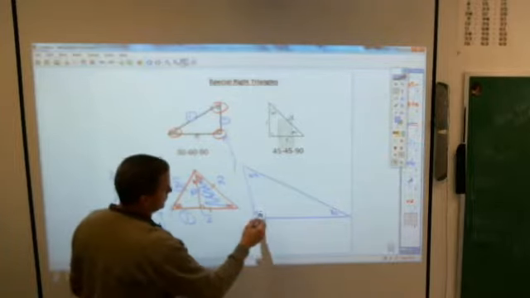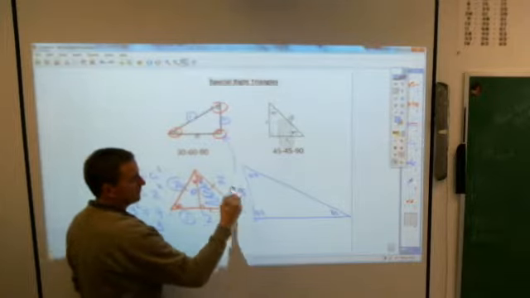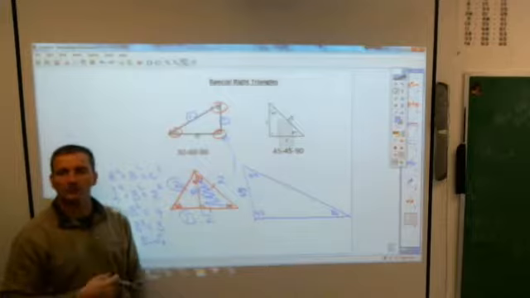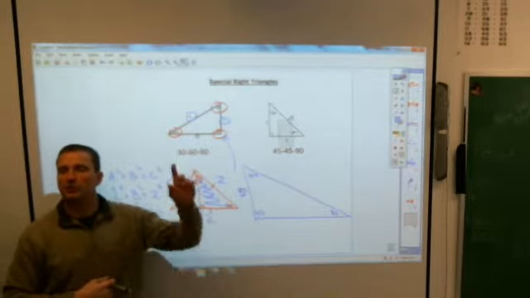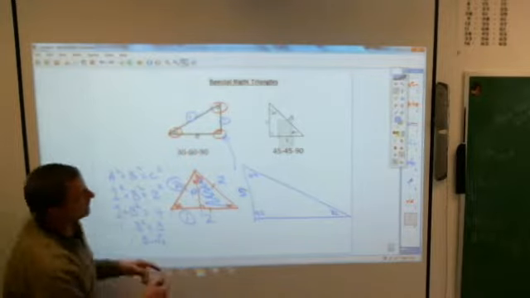And I told you that this side was 5. You can tell me the lengths of all the other sides of the triangle because they are proportional to this. Look at it.